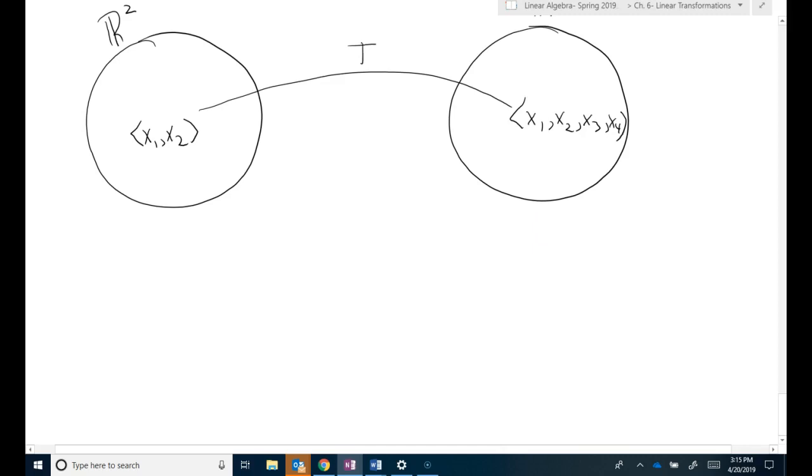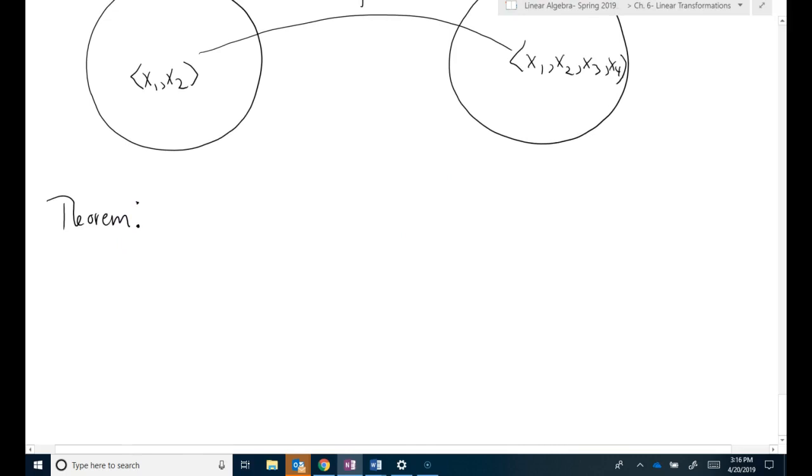Okay, so let's talk about a couple of theorems. We'll call them theorems. The first one is how do we generate a matrix transformation?